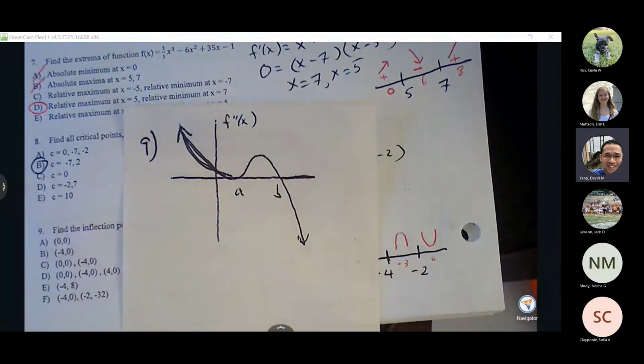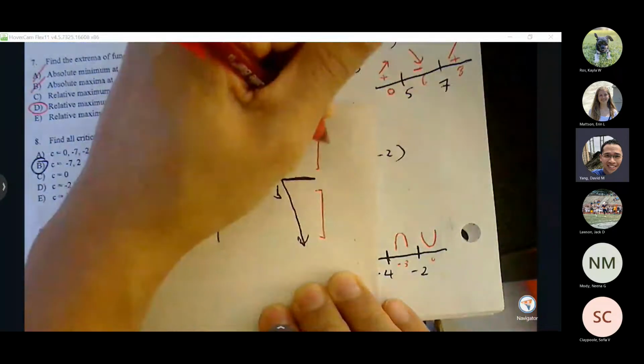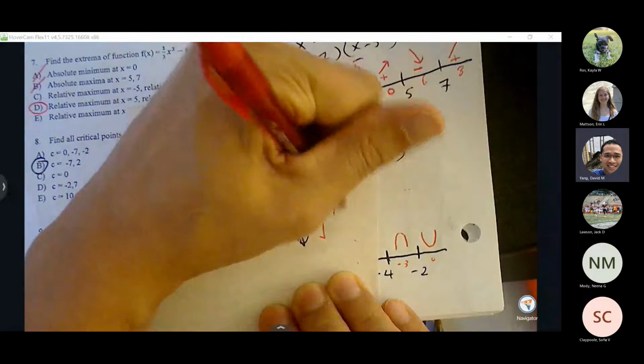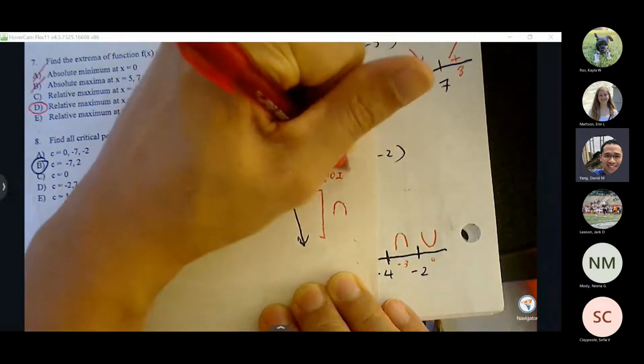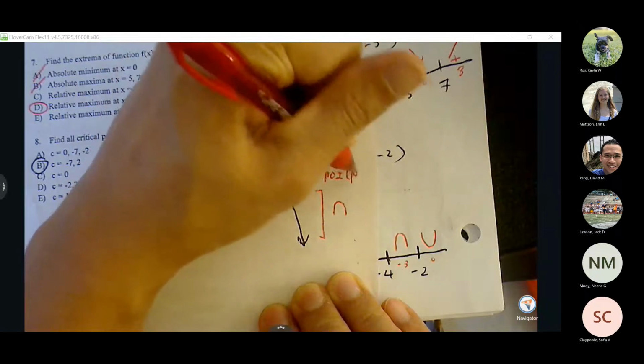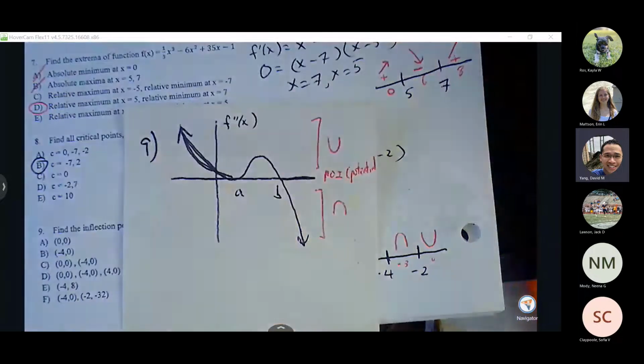So if I'm looking at the second derivative graph, we can start off by understanding what we're working with here. Above the x-axis is concave up, below is concave down. Anything on the x-axis is a potential point of inflection. But it's got to change signs, right? It's got to be able to flip to the other side.